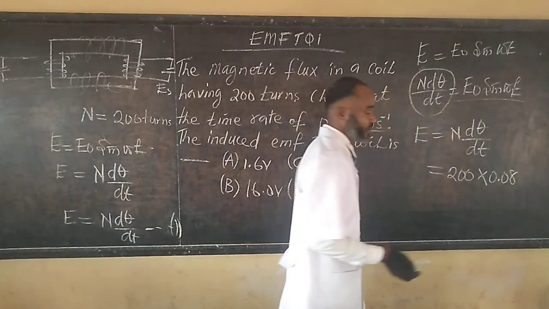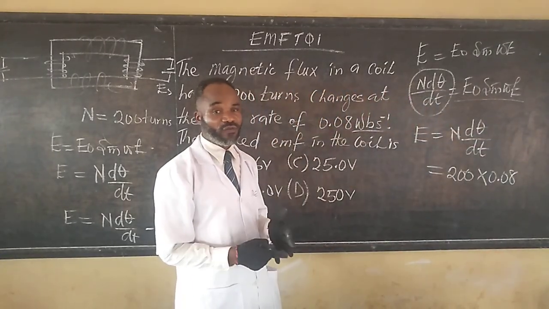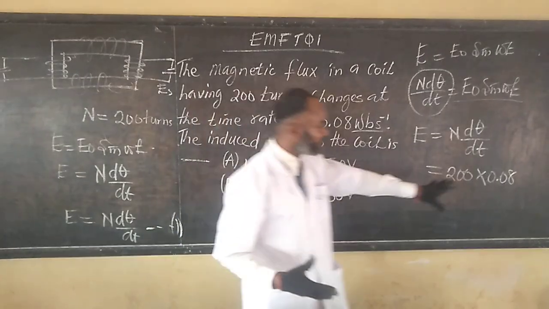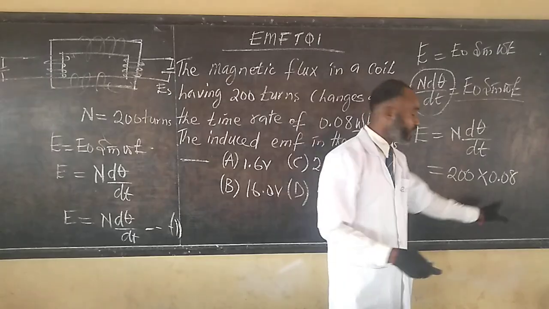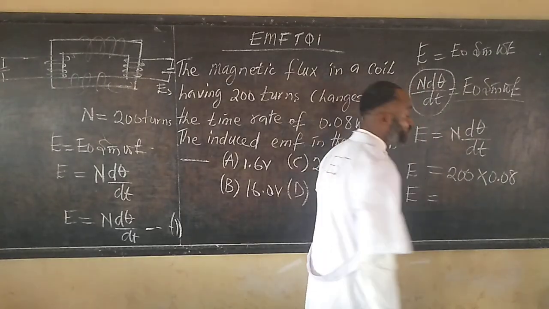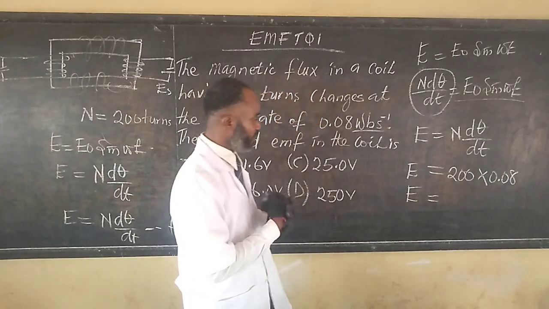In the actual sense, we can solve this without using a calculator. What we need to do is just convert the decimal to a fraction. And here we still maintain our E because that's the one we are looking for, the induced EMF.